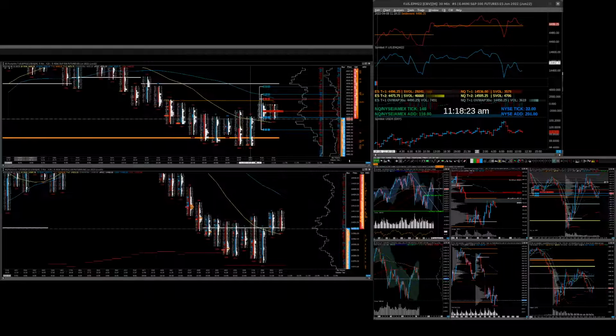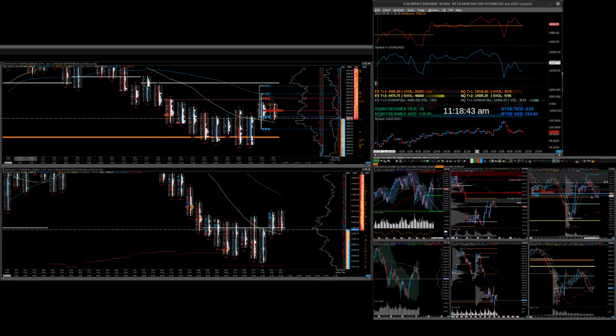So this, I would say, on a kind of neutral day, looking at this 5-minute chart here, a bit of a choppy day, where we make a high and then come back, make a low. So I would say we're bouncing in this area here.